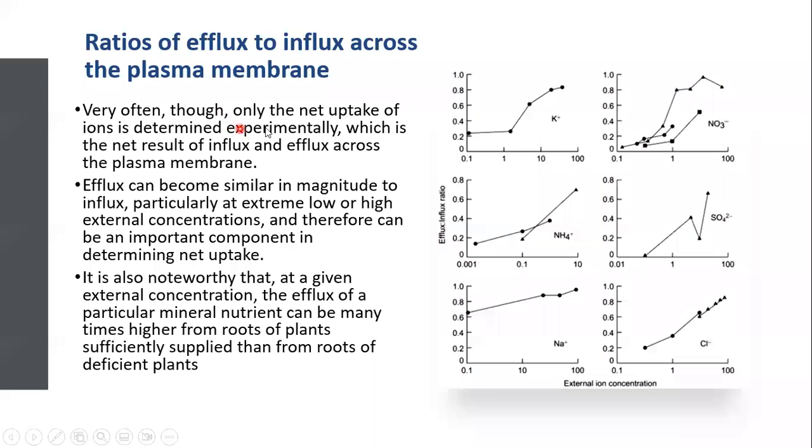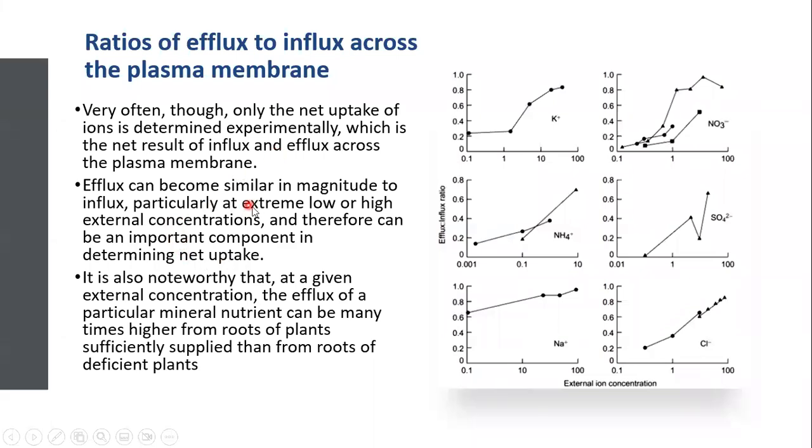Very often, though, only the net uptake of ion is determined experimentally. We determine how much potassium or calcium has been taken up, which is the net. The amount that moved in and then effluxed out is not accounted for anywhere. So this is the net result of influx and efflux across the plasma membrane, and the dynamics are also dependent on that.